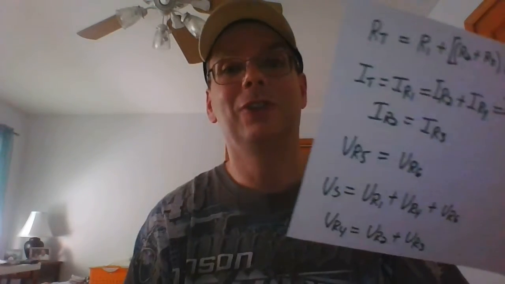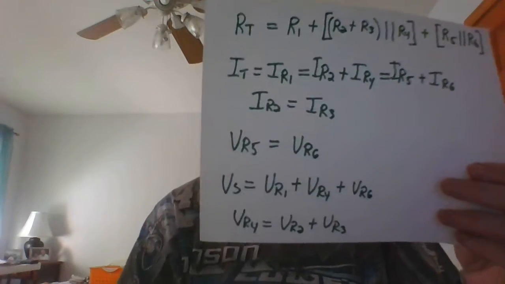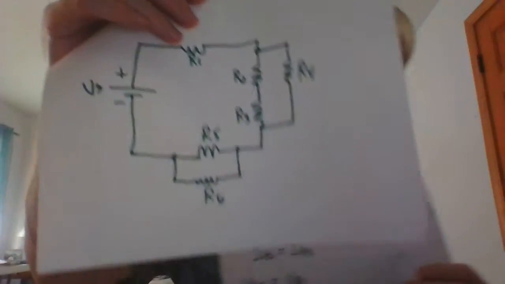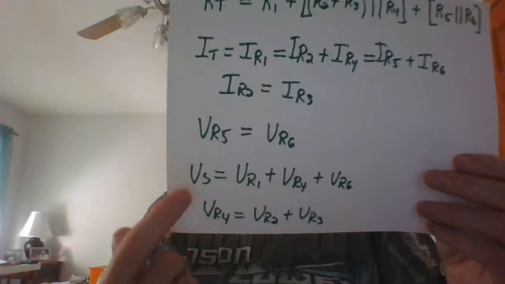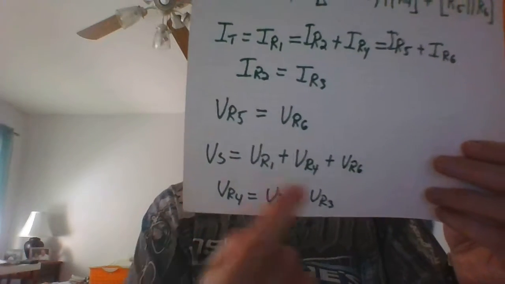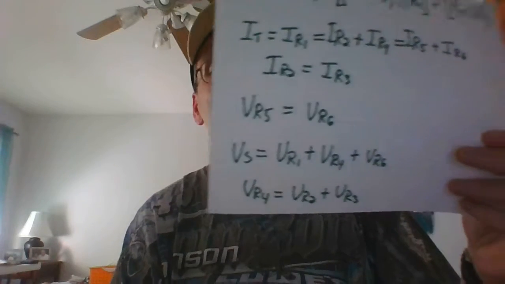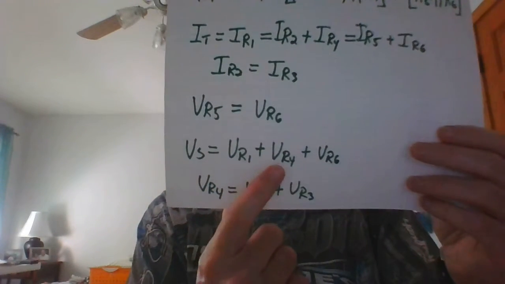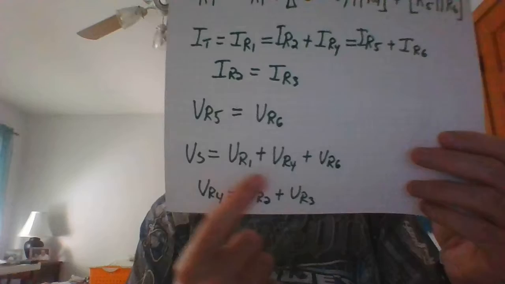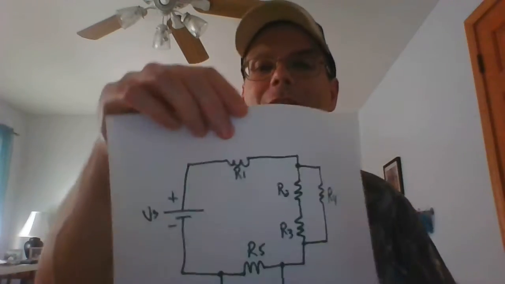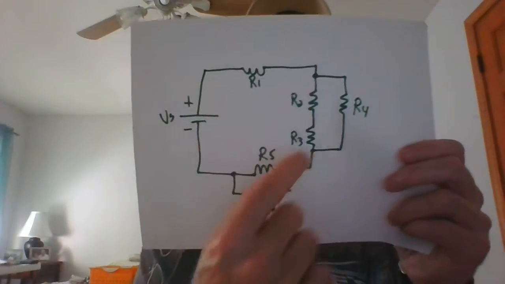What can we say about voltages? Well, straight off, R5 and R6, remember those are our two parallel resistors at the bottom, the voltage is the same across them. The next two equations that I have written here are based upon Kirchhoff's voltage law. So VR1 plus VR4 plus VR6 is equal to Vs. That's Kirchhoff around this outer loop.